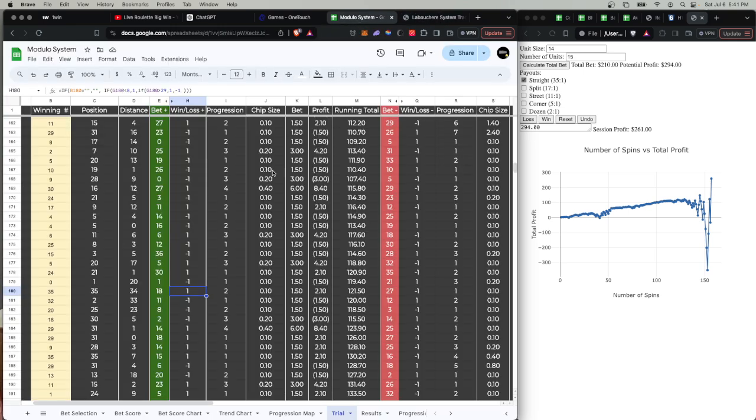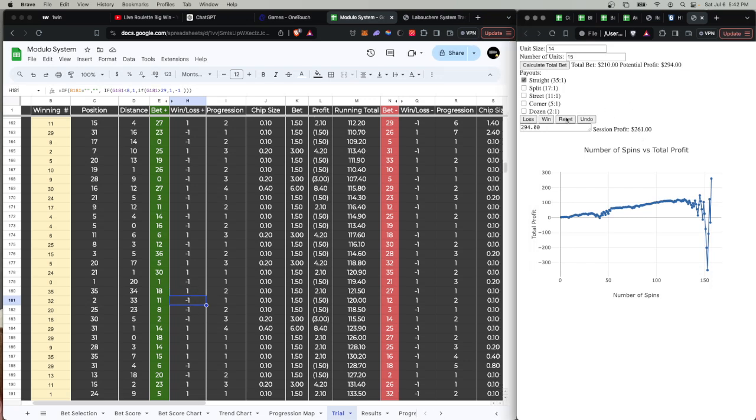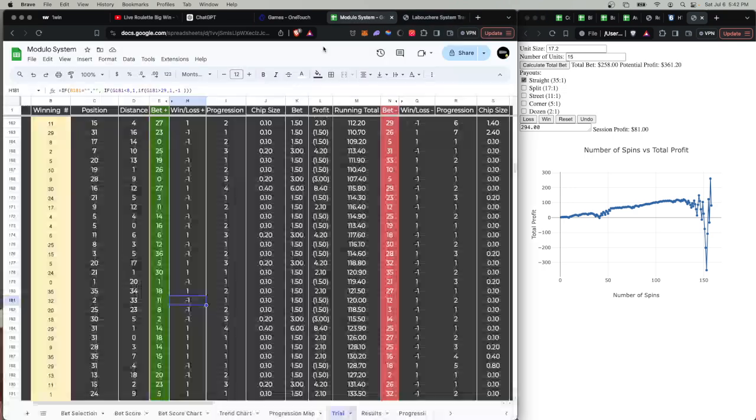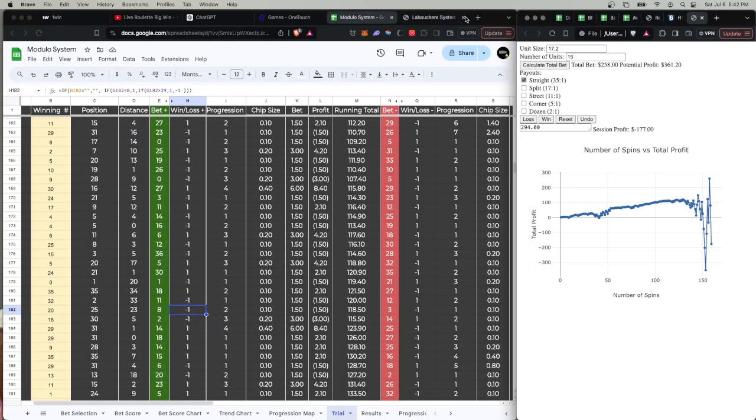So after the win, we get a loss. So we should be betting 12. We get a loss. So now we're at 172. So it's a $258 bet, which sadly we lost.